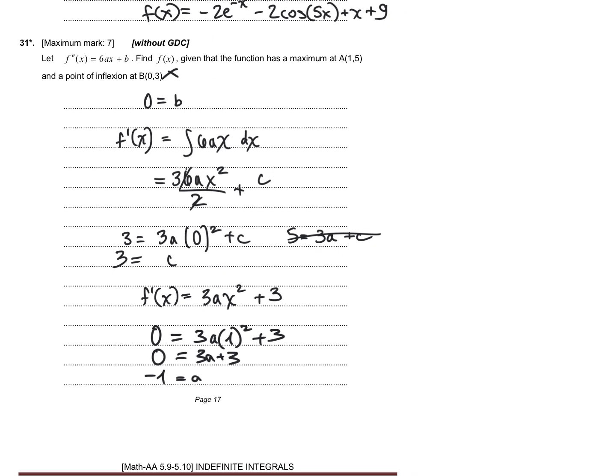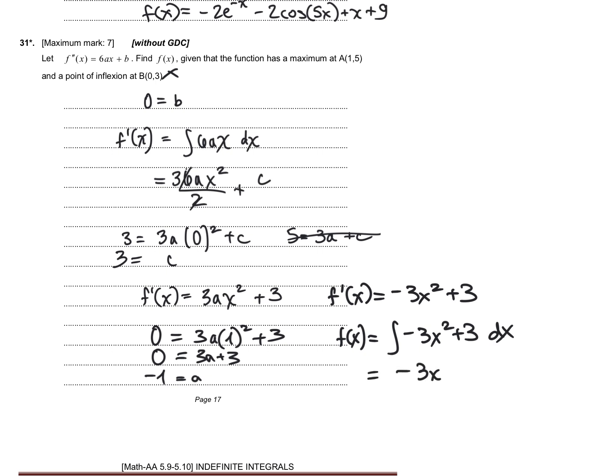So now we have the first derivative is negative 3x squared plus 3. And now we have to integrate to find the original function. So that's going to be negative 3x cubed over 3 plus 3x plus c.